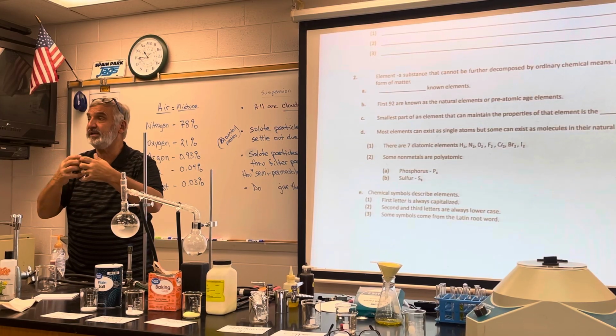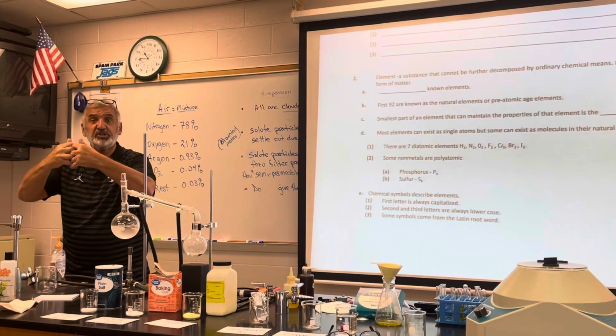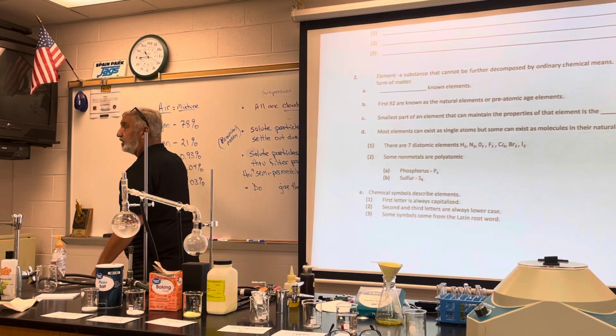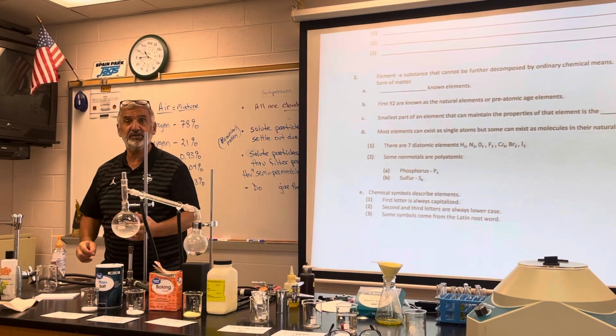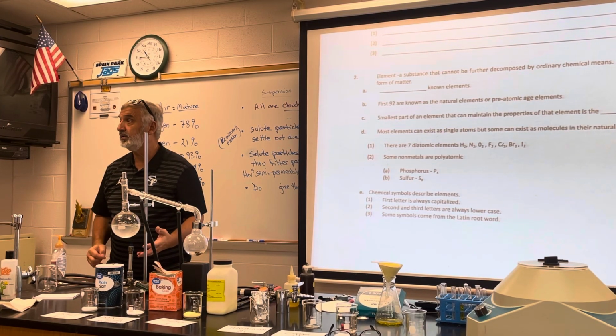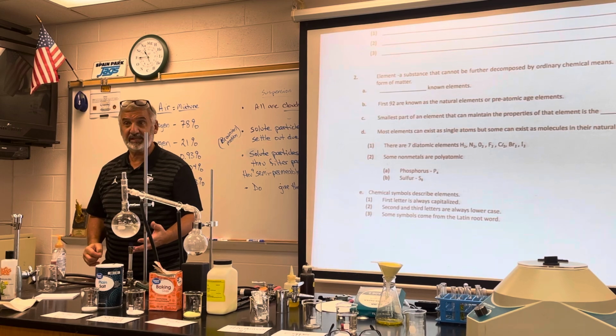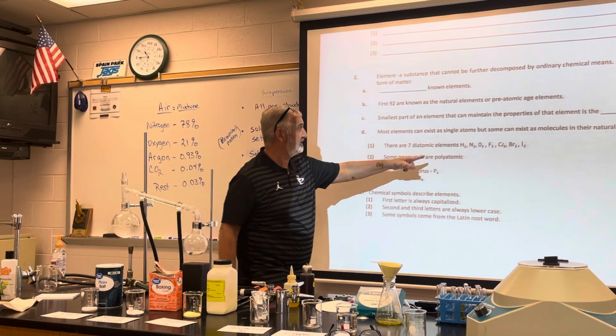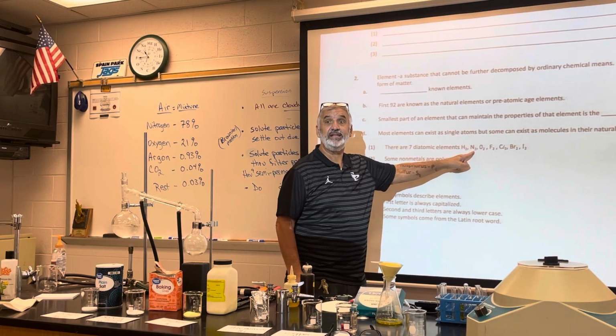Now, when we get into bonding, we'll learn why it's more stable to be O2 than just O. But O2 is going to be there. What else, what did we say was another component of air? Nitrogen. So what form is it going to be? It's a gas, but it too is one of our 7 diatomic elements. We're breathing in N2.